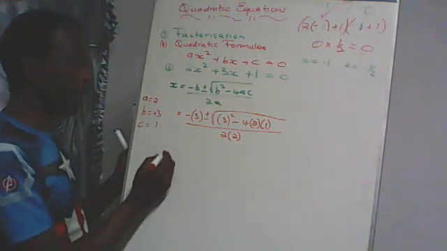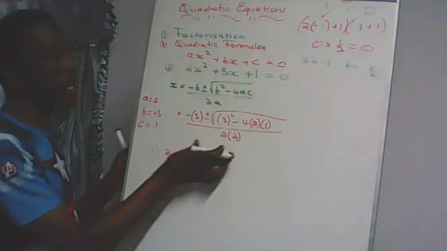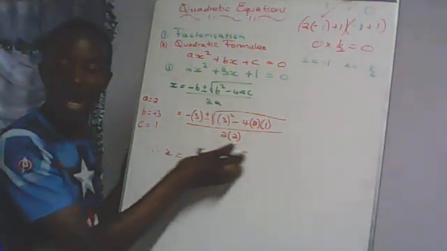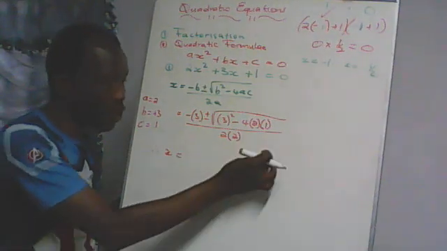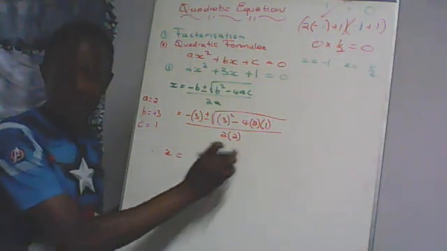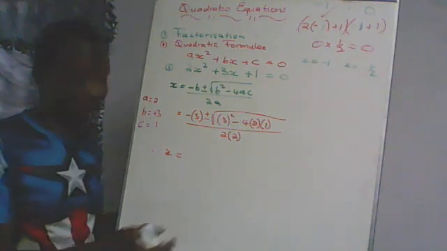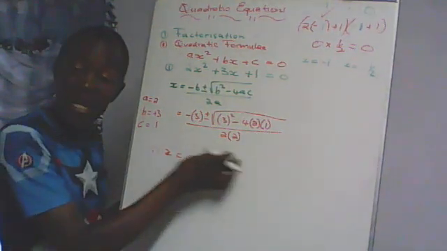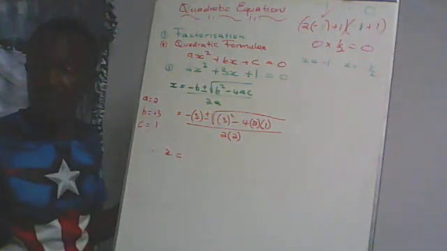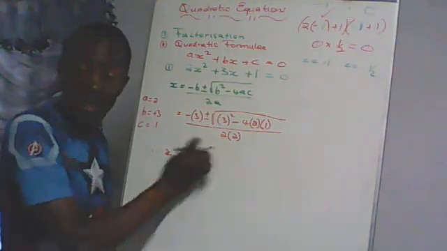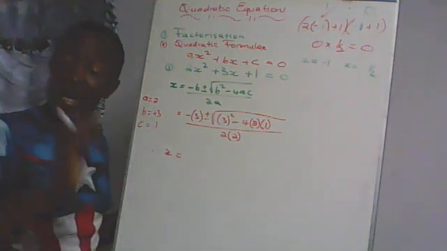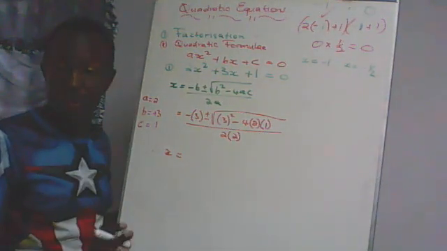Now, there is no need, guys, to write some steps here. And I warn you, never do that. Even if some of the teachers may like you to do this, please don't, because these steps that they say should be written are not needed when you are in matric.